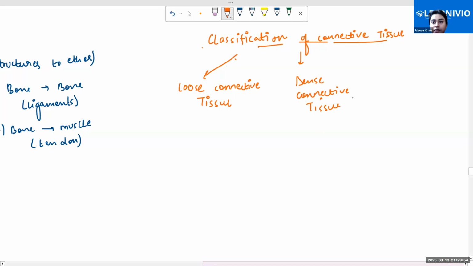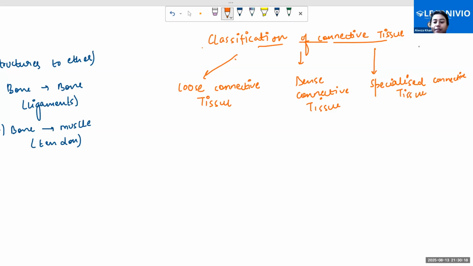And at last, we have specialized connective tissue. This is the broad classification for all three.